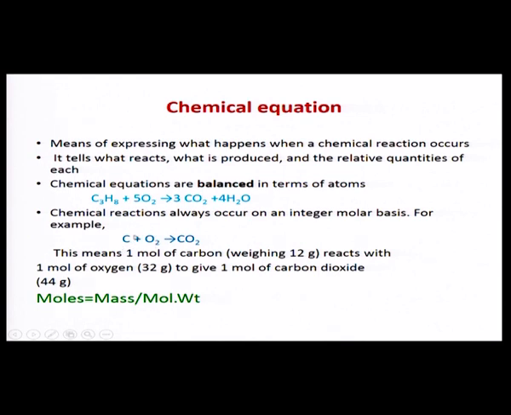For example, when carbon is burnt, 1 mole of carbon reacts with 1 mole of oxygen and forms 1 mole of carbon dioxide. So, this means 1 mole of carbon, weighing about 12 gram, reacts with 1 mole of oxygen weighing about 32 gram to give 1 mole of carbon dioxide, which is 44 gram of carbon dioxide.